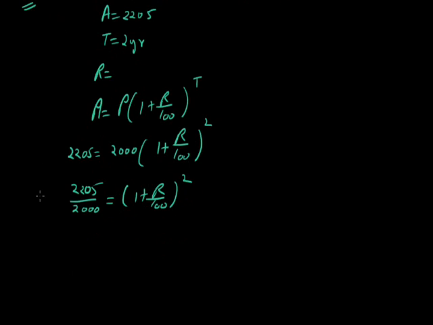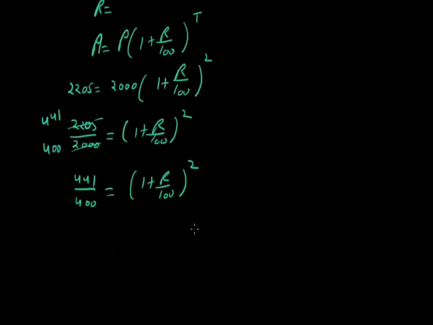So cancel 2205 and 2000 by 5. When we cancel, 2205 by 5 we get 441, and 2000 by 5 we get 400. So 441 by 400 is equal to (1 plus R by 100) square.